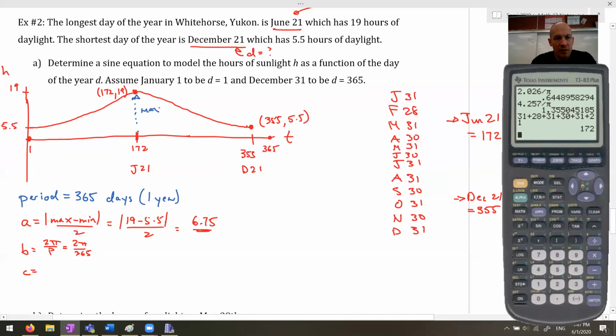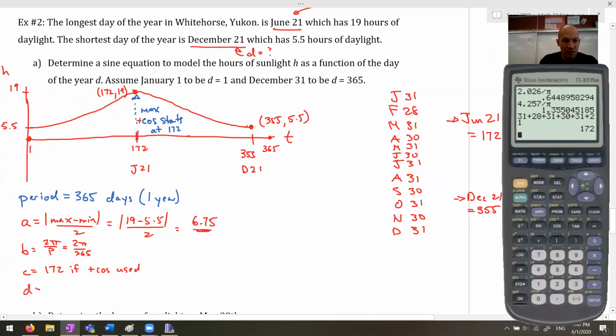So I'm going to say that there's the max, and this is where cosine starts. So if we're going to use cosine, it starts at 172. So over here, when we're coming up with C, the phase shift is going to be 172 if positive cosine is used, and it's positive because it's starting high. So remember, this is max where positive cosine starts.